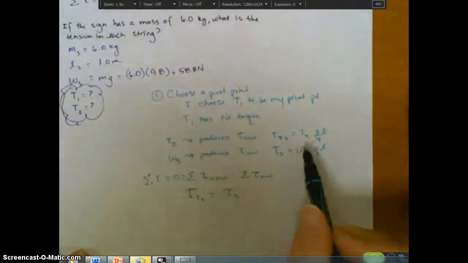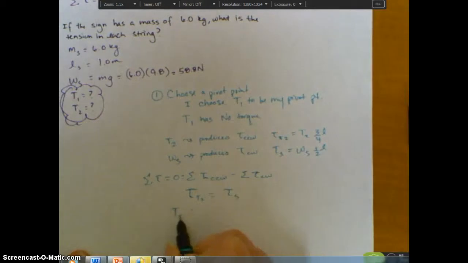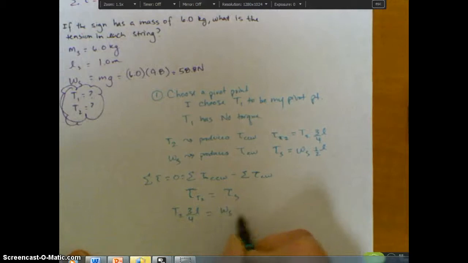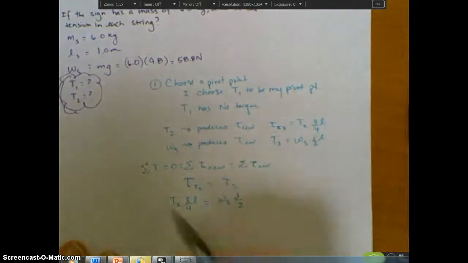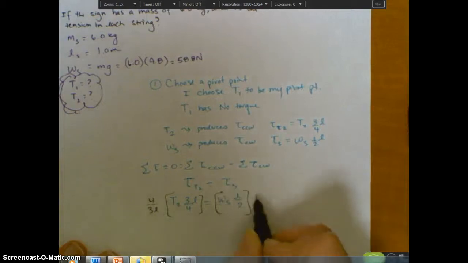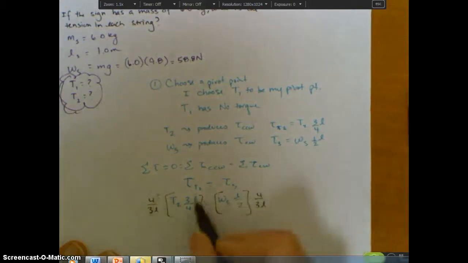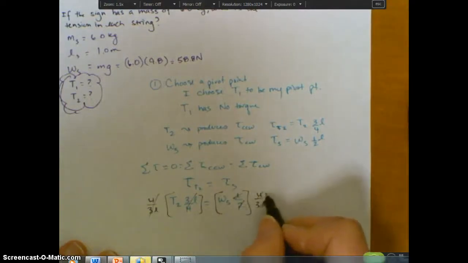Now I'll just take my values here and substitute them in down here. So tension 2 times 3/4 of L is equal to the weight of the sign times L over 2. I'm trying to find T2, so let's multiply each side by 4 over 3L. We see over here that our L's cancel out, and this goes to 2.